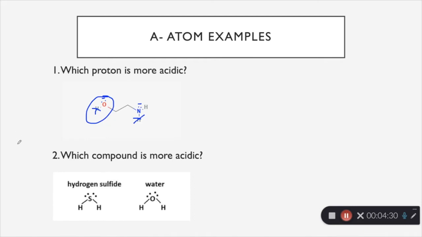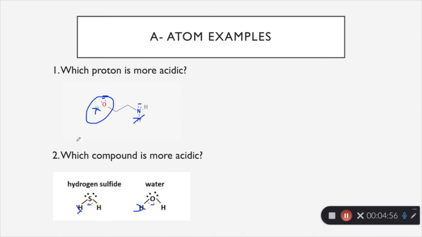So second example, same question, but it's talking about different compounds. So which compound is more acidic? Here you have hydrogen sulfide and you have water, which are essentially the same molecule, but you're exchanging an oxygen for a sulfur or the other way around. So if I deprotonate both of these, you're left with a negative charge and an extra lone pair. So lone pair here, lone pair here.